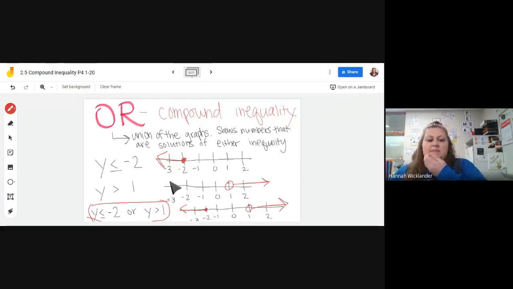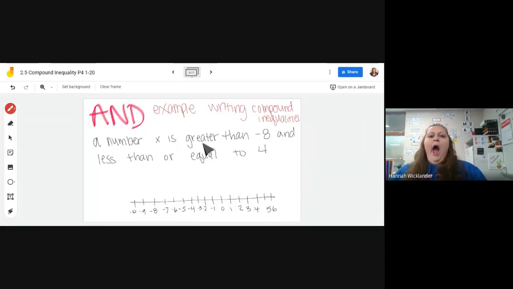Any questions about graphing compound inequalities? Okay. So this is writing compound inequalities. It says a number x is greater than -8 and less than or equal to 4. An "and" inequality is where the letter's in the middle, and then I have them on either side of it.